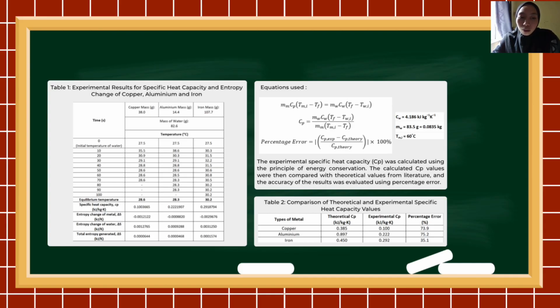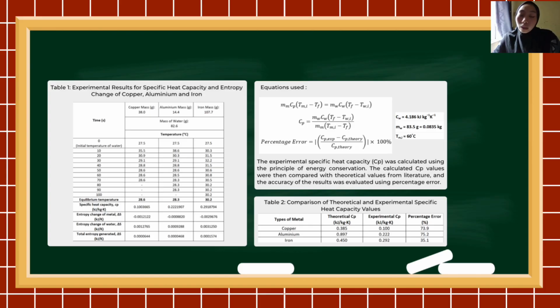For aluminum, we get 0.009. And for the iron, we get 0.0031. And total entropy generated, delta S, for copper is 0.00006. For aluminum, we get 0.00004. And for the iron, we get 0.0015.